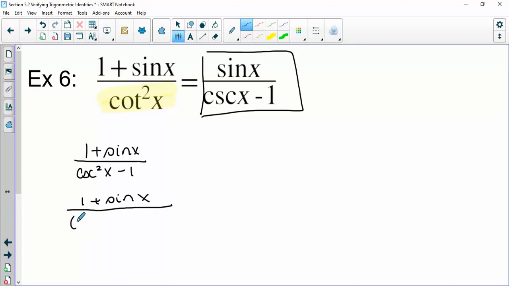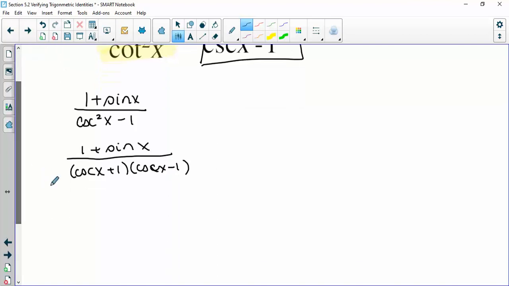You can factor a positive and a negative 1. Okay. We want the cosecant x minus 1, don't we? So we need the other one to go away. Wait, what's cosecant? Cosecant is the reciprocal of sine, 1 over sine.